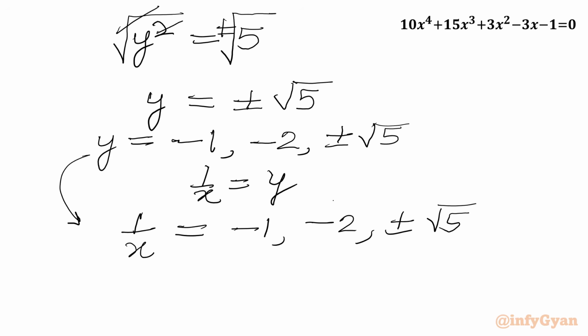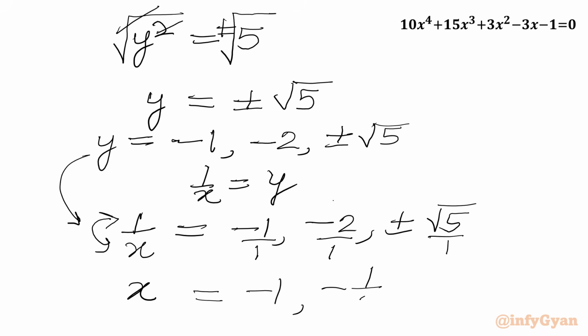Now we have to take the reciprocal on both sides to get x. So we will swap numerator and denominator. Here we have denominator 1. We will get x equal to negative 1, negative 1 over 2, plus minus 1 over square root 5.